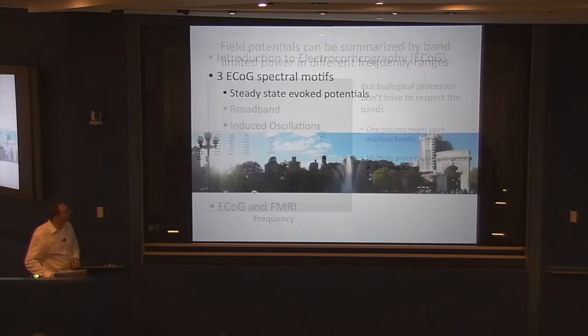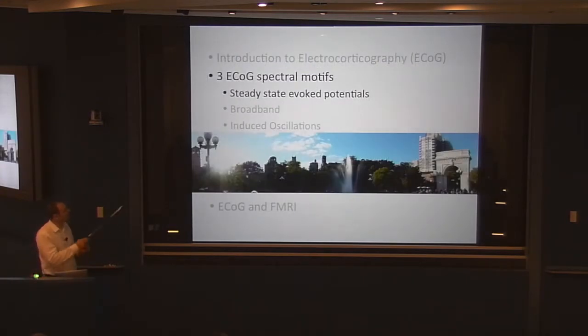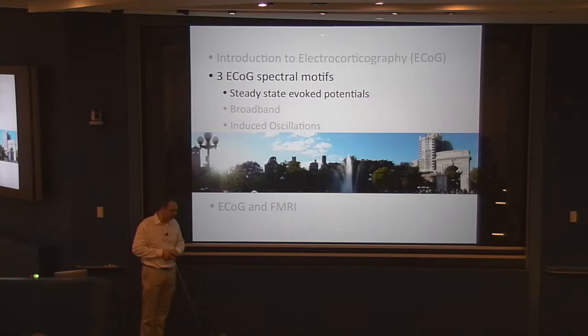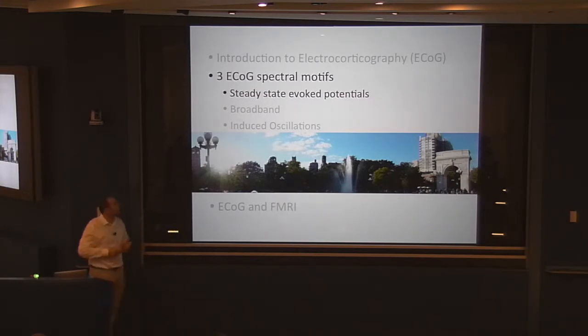So I'm going to talk about 3 cases of spectral analyses and show how that relates to this picture of looking at signals in terms of their spectra. And I'm going to start with steady state evoked potentials.